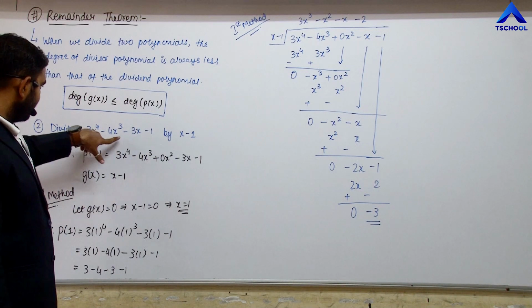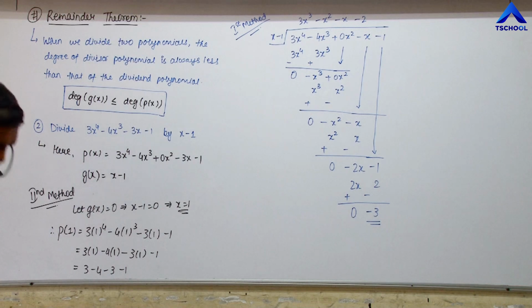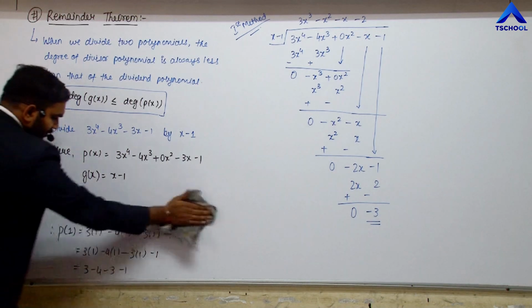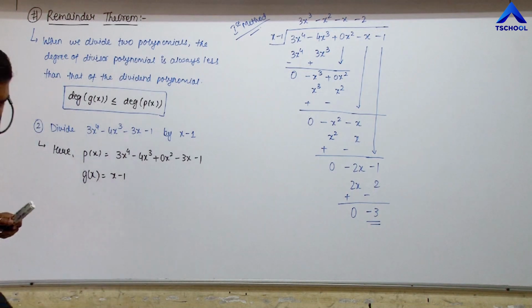So 3 and minus 3 can be cancelled, it becomes 0, which is minus 5. So okay friends, let us not do this right now. I think there might be some error here in this division. Let me check it and then I'll come back to you with the same question.